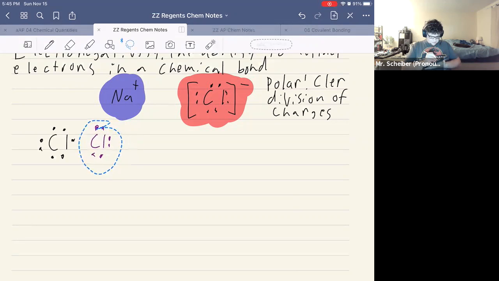They can get nice and close. So they're not bonded right now because they haven't really shared. And because they both have the same amount of electronegativity, we can actually draw these two electrons right in the middle. They're flat in the middle.